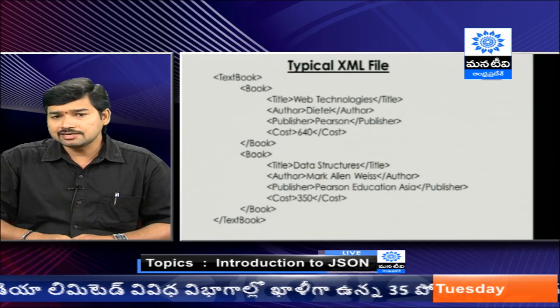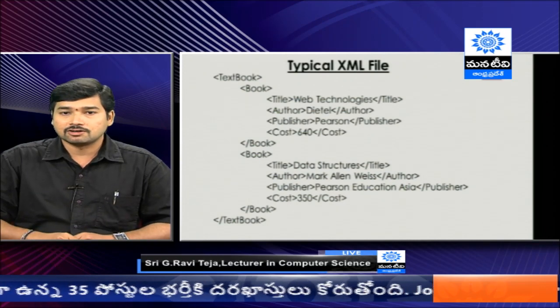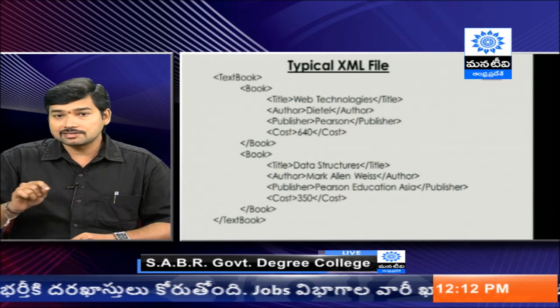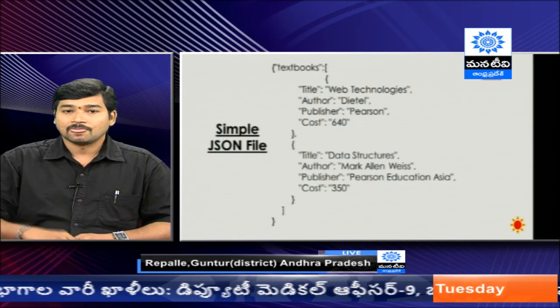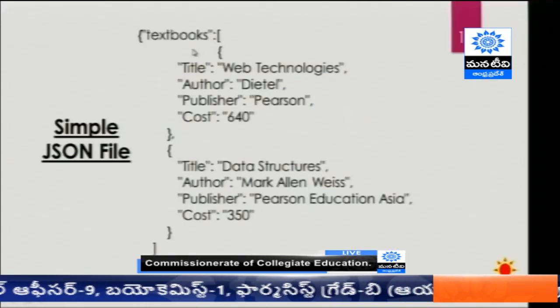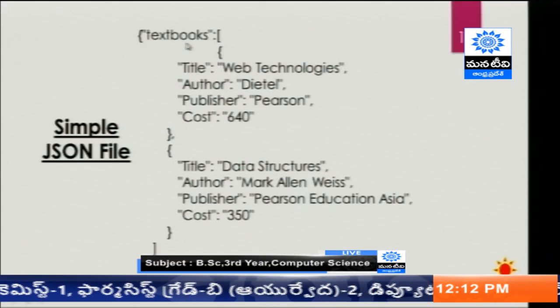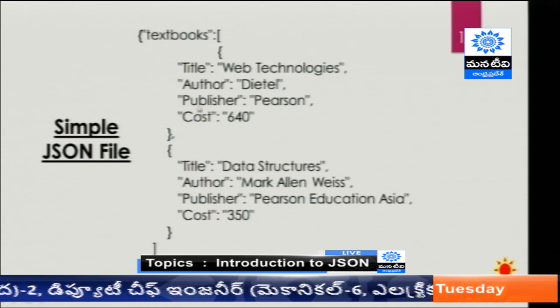You can see that this format is somewhat difficult for normal users to understand, whereas if we represent the same XML file in JSON, it will look like this. Here you can verify these textbooks. This is the XML tag name we have given, and these are the data fields we are presenting.